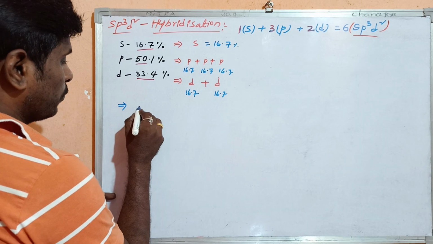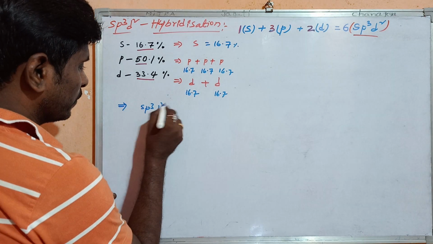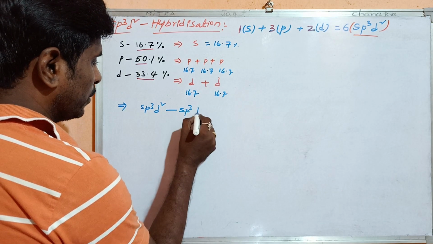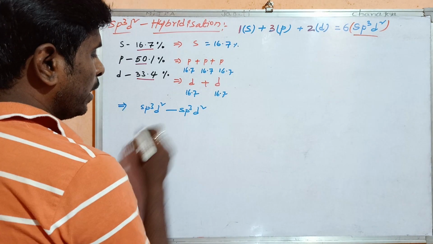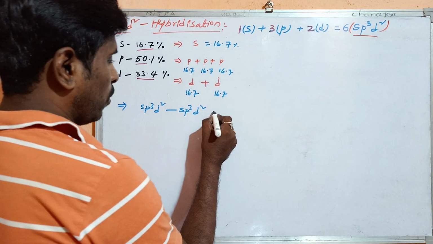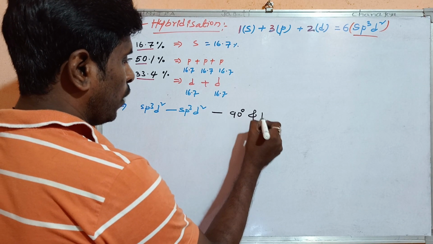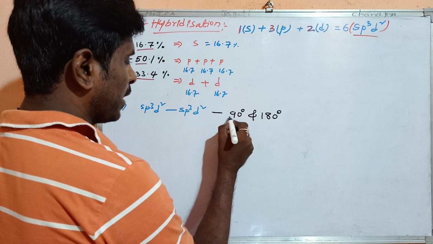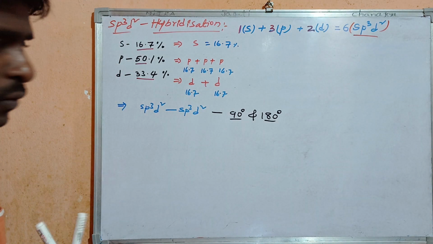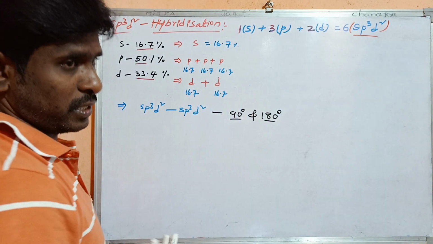Between any two sp3d2 hybridized orbitals, the bond angles are 90 degrees and 180 degrees. Two bond angles are there, 90 degrees and 180 degrees. Okay, some are perpendicular to each other, some are linear to each other.